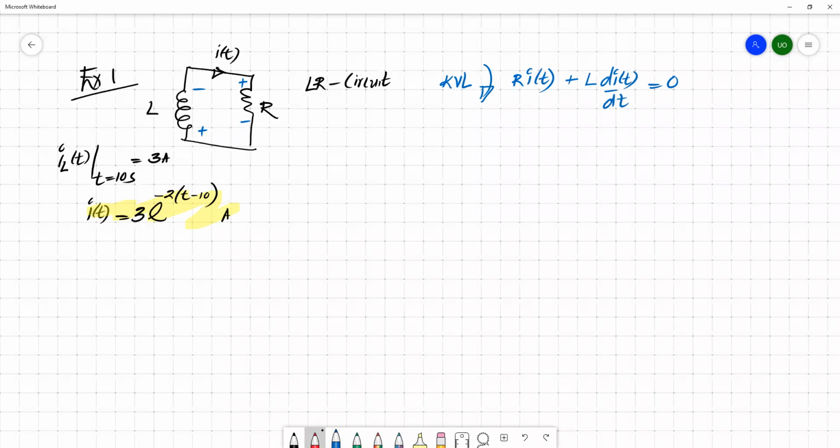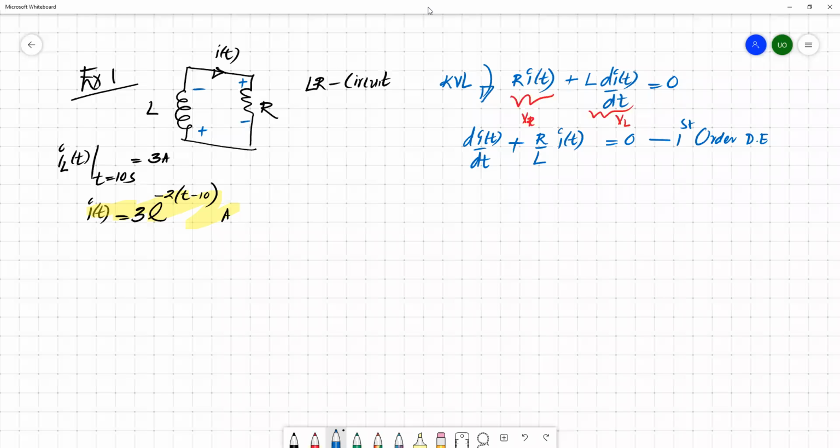So this is the voltage drop across the resistor, VR, and this is the voltage drop across the inductor. From this, you can easily get the differential equation like this: di(t)/dt plus R divided by L times i(t) equals 0. So this is the first order differential equation.